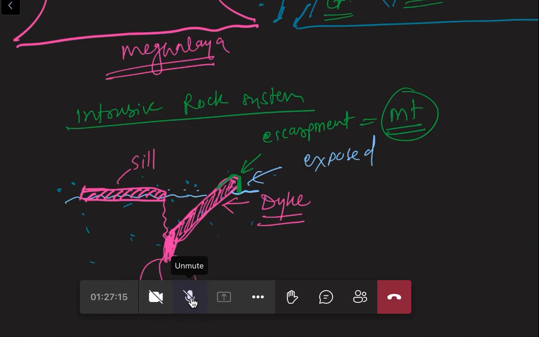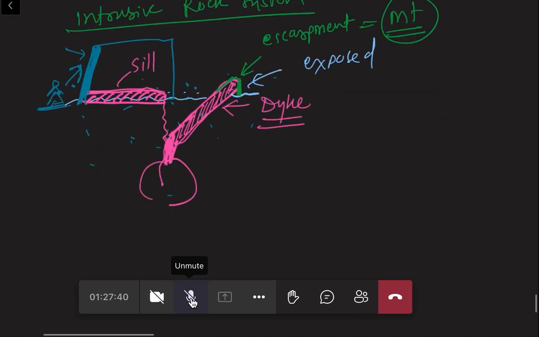Now this sill is very big. This face of the sill can be an escarpment. If you stand here and look to this side, you'll find this face, and this face can be very steep. That's why it is an escarpment. This can turn into a mountain.